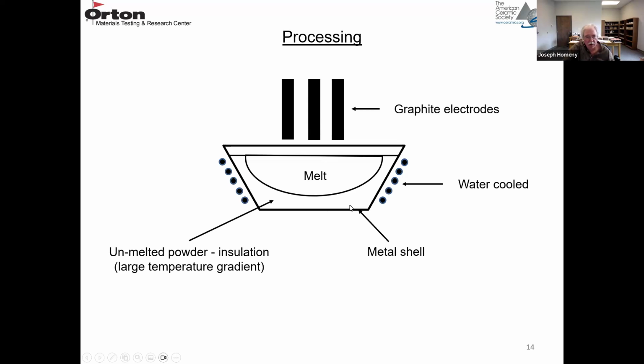So this is unmelted powder that's containing the melt. So that's the insulation. It protects the metal shell, and it forms the refractory lining. So it stays as a powder, not molten, because of the high temperature gradient. So you're melting the material basically in its own powder because of the water cooling and the steep thermal gradient. And then that crucible is poured, the molten material is poured into ingots.